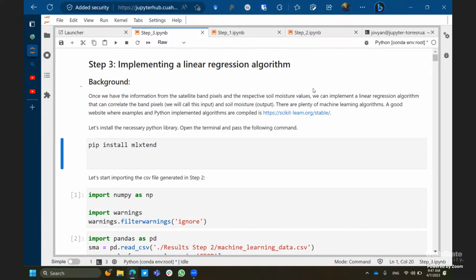Because if this number is very high, like 50, you might run into the trouble of overfitting. So we need to reduce this number to the smallest possible.